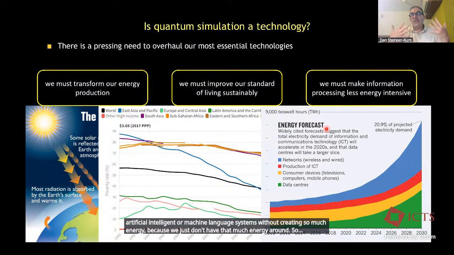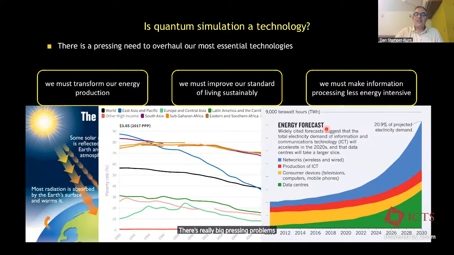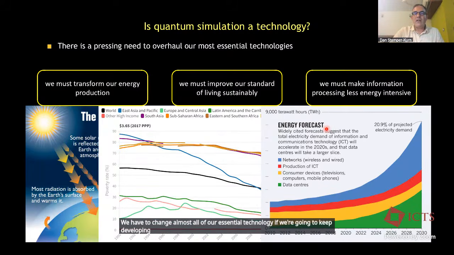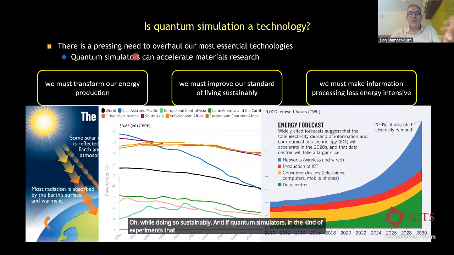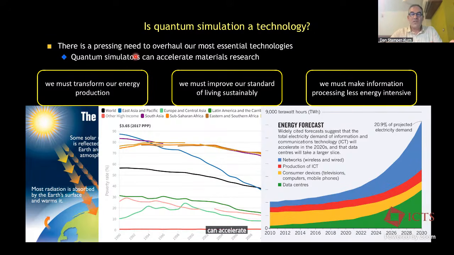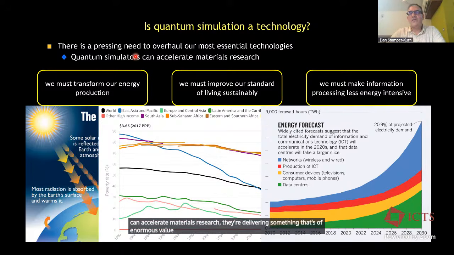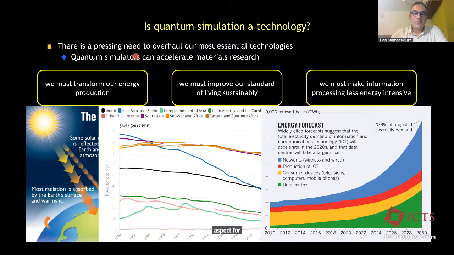So there are really big pressing problems, and arguably within just a few decades, we have to change almost all of our essential technologies if we're going to keep developing at the rate we have while doing so sustainably. And if quantum simulators, in the kind of experiments that I told you about, can accelerate materials research, they're delivering something that's of enormous value and need for humanity. So that's a really important aspect for these technologies to achieve.